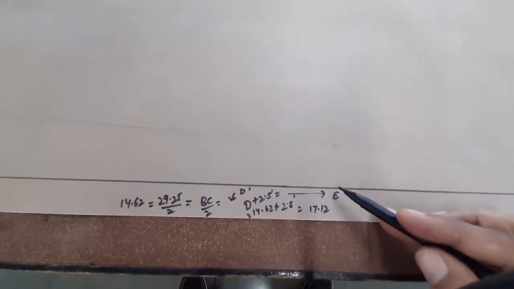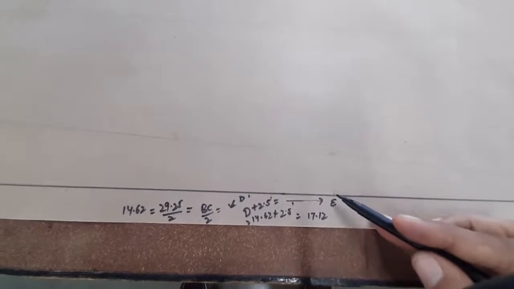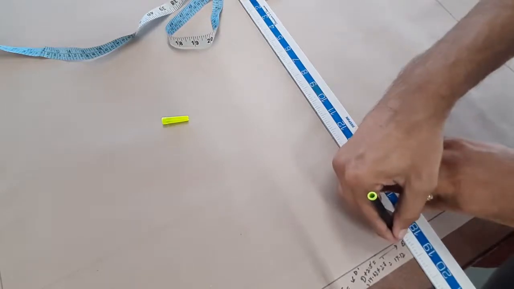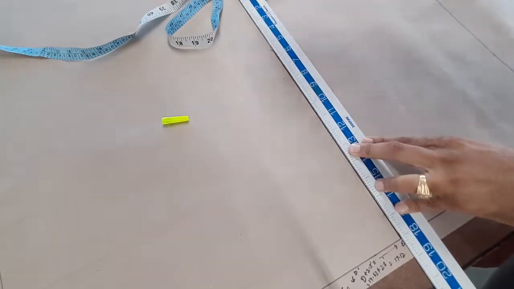So we developed the point here, and now we will draw a straight line there. Simply we make a perpendicular line.